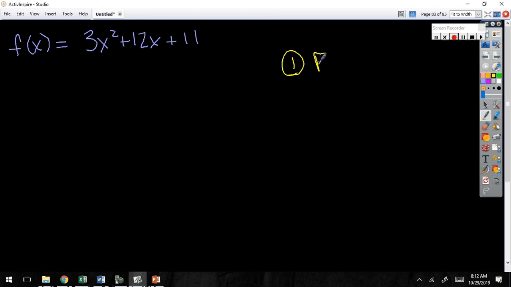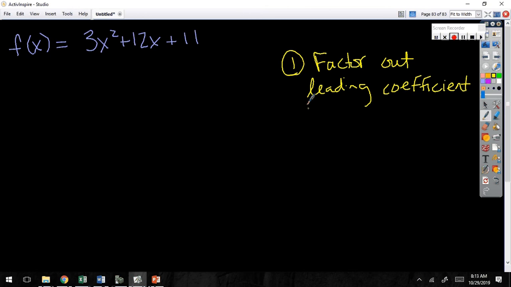First thing I need to do is factor out, because remember, we can't complete the square with a leading coefficient, and that rule still stands. So I want to factor out the leading coefficient. What's a leading coefficient? The 3, the number in front, that's right. And what you want to do is factor it out from the first two terms.